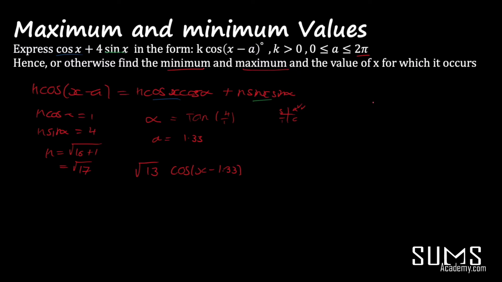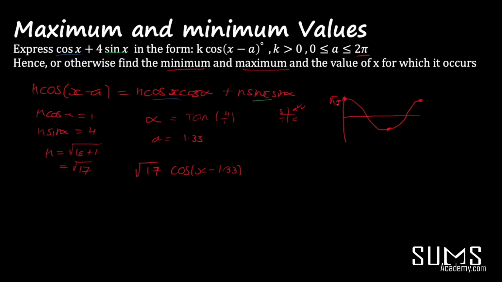Okay, so let's have a think. If we think about a normal cos graph, it looks a bit like this, right? So the maximum usually happens here, and then the minimum is here, right? But we're told here it's root 17 cos(x minus 1.33).